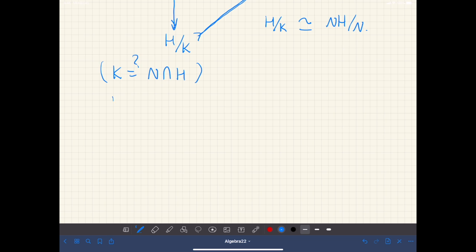Okay, so let's pick an element h from N cap H. Then of course h is an element of N. That means NH is equal to N, because h is an element of N, so this coset is equal to N itself.